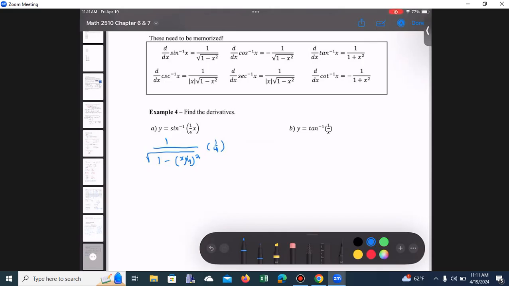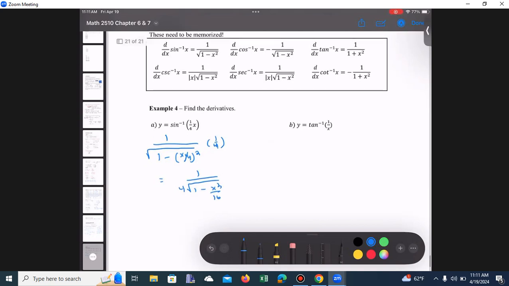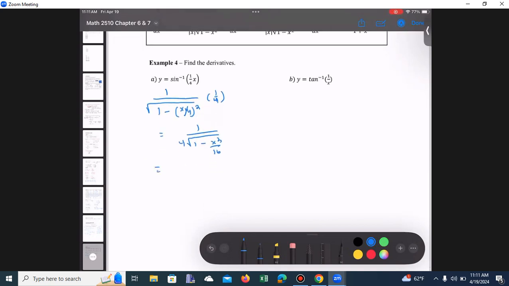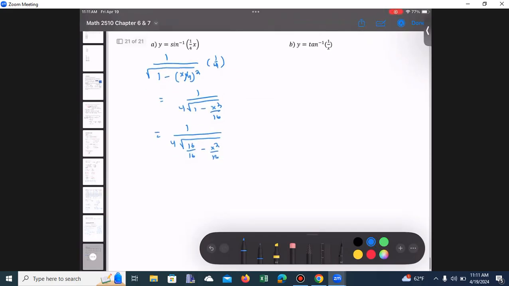And then we can simplify this out as best as we can. We'll have 1 over 4 square root 1 minus x squared over 16. We'll find a common denominator: 16 over 16 minus x squared over 16. And so this becomes 1 over 4 square root of 16 minus x squared over 16.